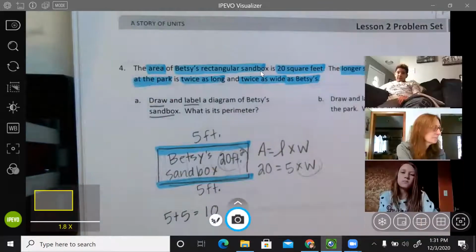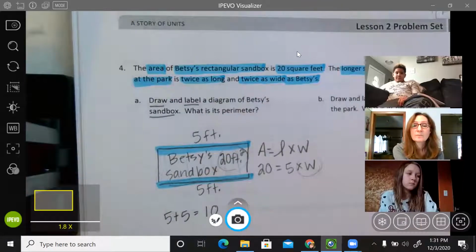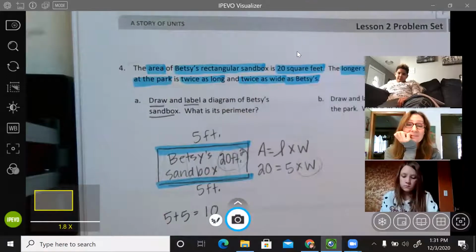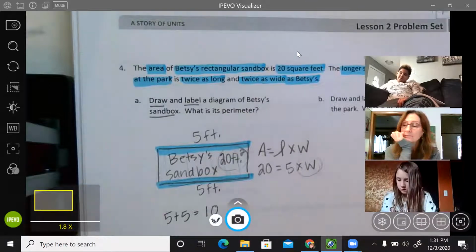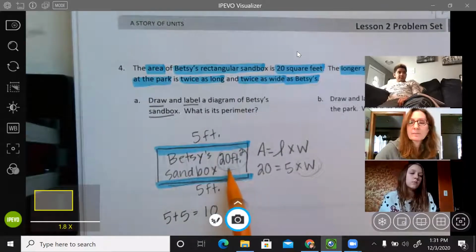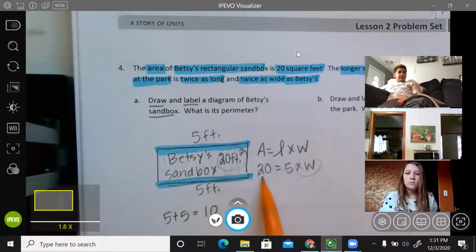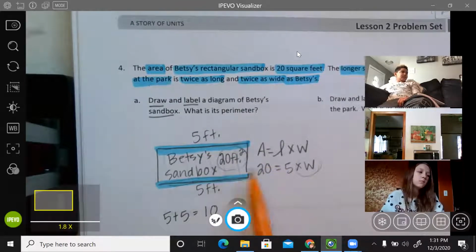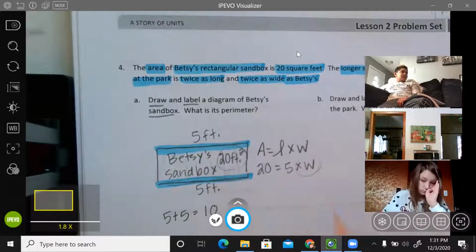Wouldn't the other sides be 5 too? Because in total it's 20, and then it would be another 5 plus 5 would equal 10. Well, hold on. You're thinking the perimeter is 20. The area is 20. So look at this equation. We punched in what we knew. 20 is the area. 5 is the length.